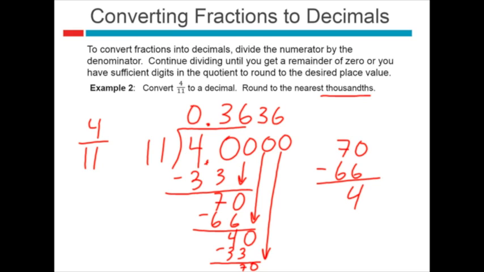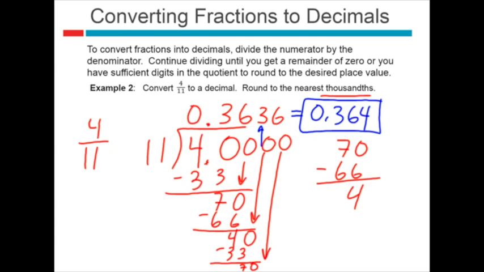All right, so now I can stop my division, and I have enough place values here so that I can round this answer appropriately. I want to round to the thousandths place, and the digit to the right of that is a 6, so that means my final answer will be 0.364 after I round up.